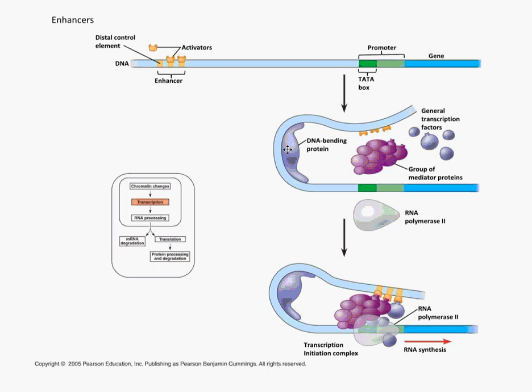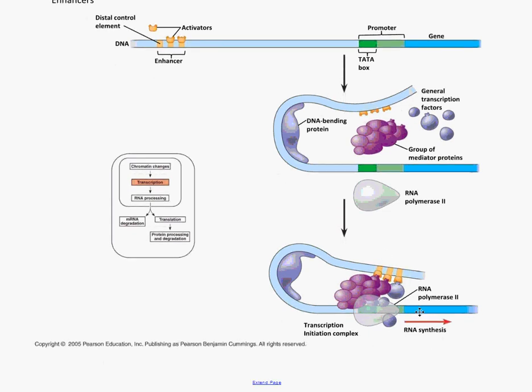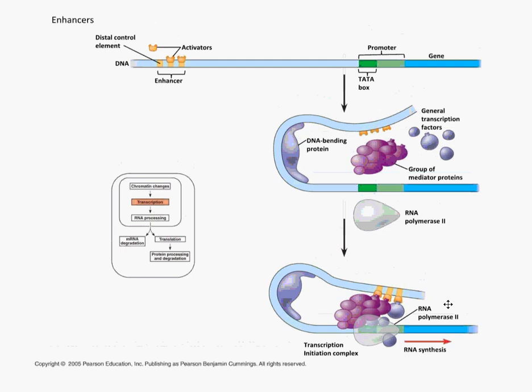As you can see, this bending protein here, not important, but it does cause the DNA to bend over, and essentially what's happening is it is pushing that transcription initiation complex along the gene. If you have a wagon and the wagon is slowly rolling downhill, well, that's fine, but you can make it go faster by pushing it. And so this enhancer causes that to occur quicker.